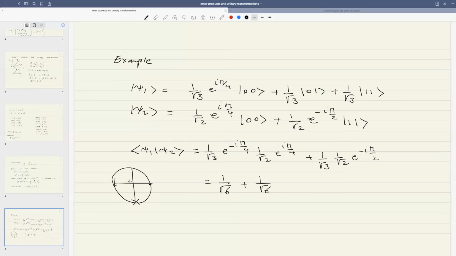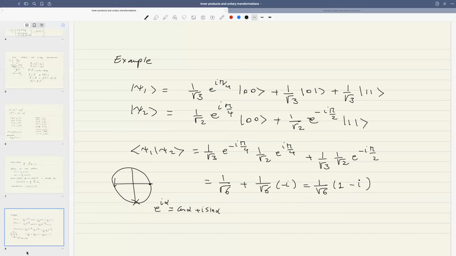So its cosine, which is the real part, is 0, and its sine is minus 1. Again, reminding you, e to the i alpha is cosine alpha plus i sine alpha. So this is just minus i here. So this is going to be 1 over square root 6 times 1 minus i. And that's the inner product that we found.